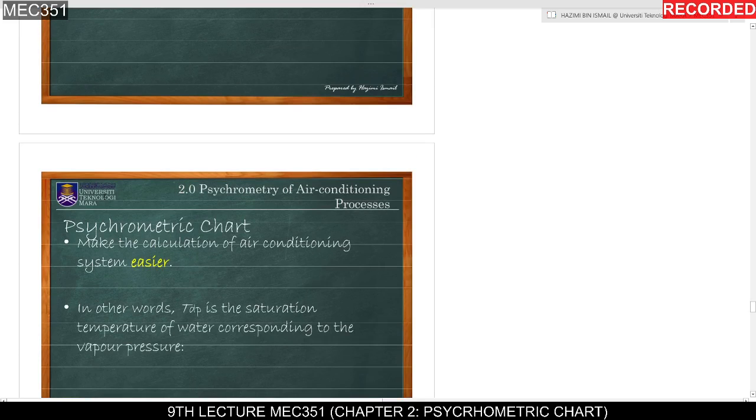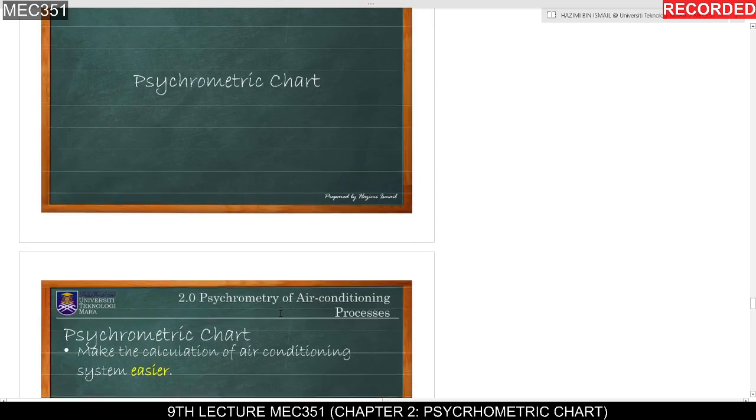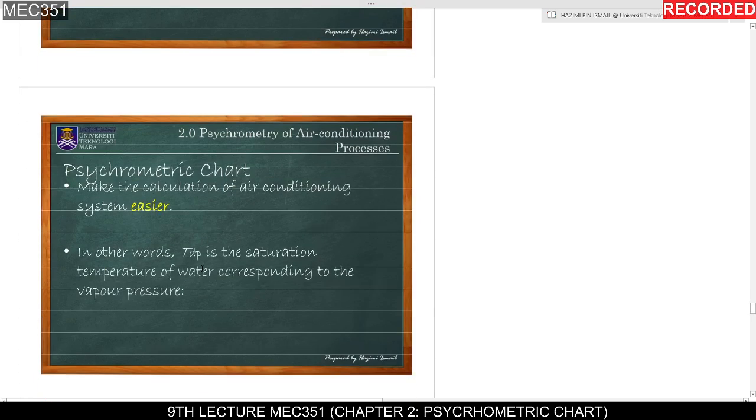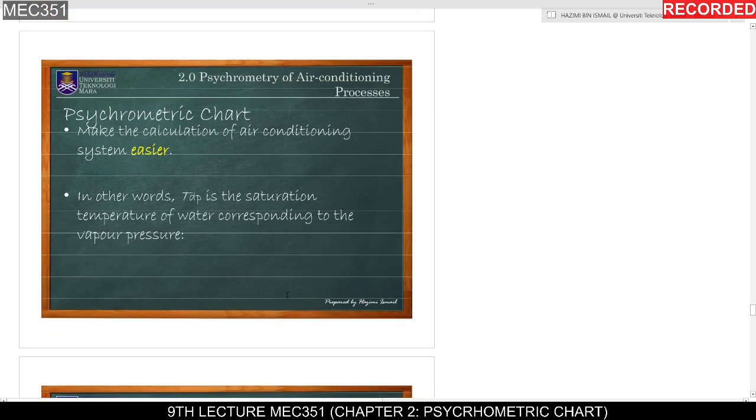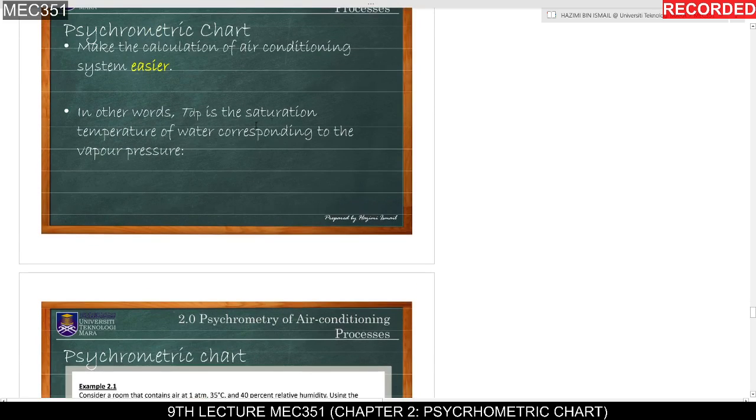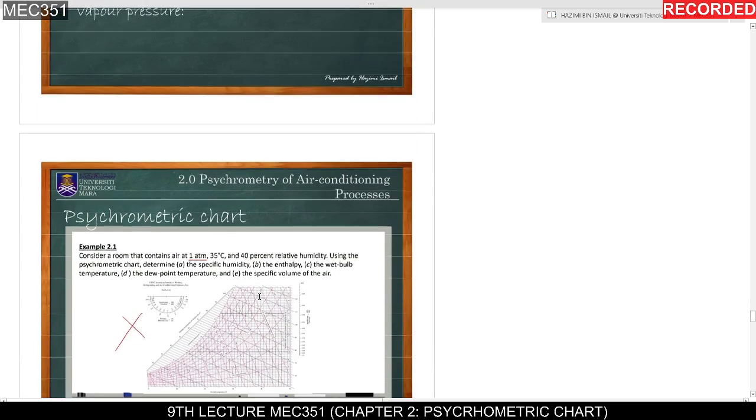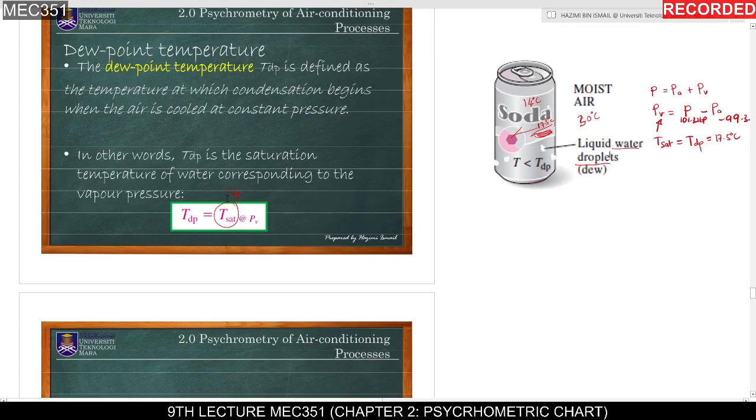This is the summary of our dew point temperature, or TDP. So TDP is the saturation temperature, T sat. T sat, dew point, TDP.